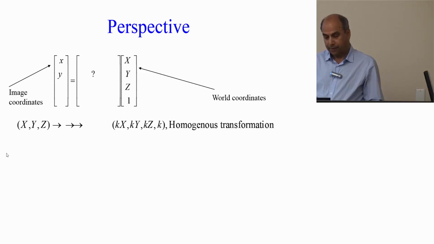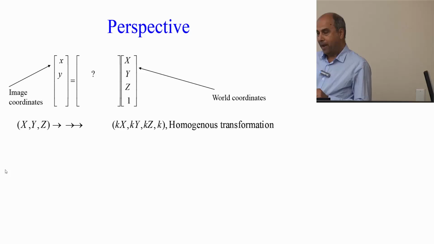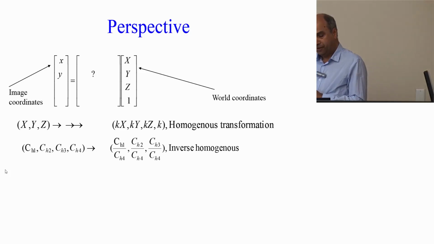As we talked about, you can get the homogeneous coordinates from the Cartesian coordinates x, y, z by adding a fourth element k, multiplying each of those elements with k. So instead of a 3D vector, now you get a 4D vector. And then you can go back from the homogeneous to the Cartesian, just take the fourth element and divide each of these, and you'll get that, okay?